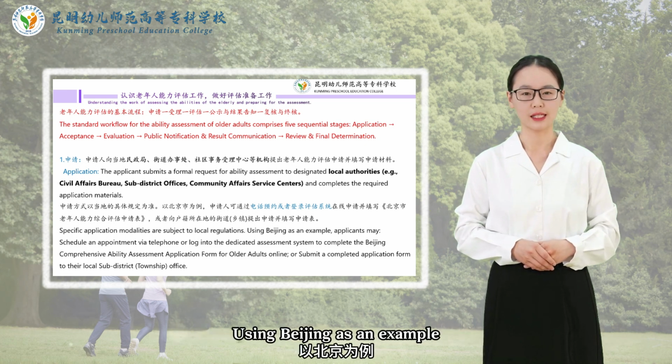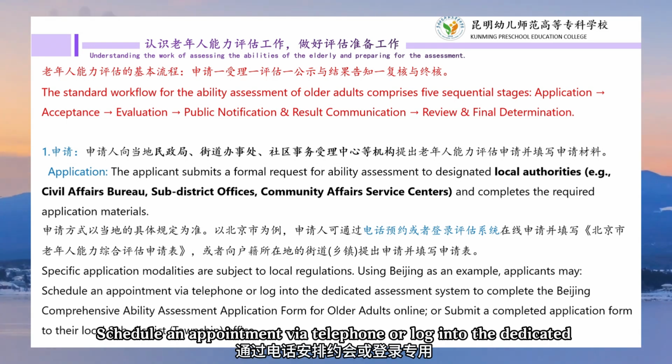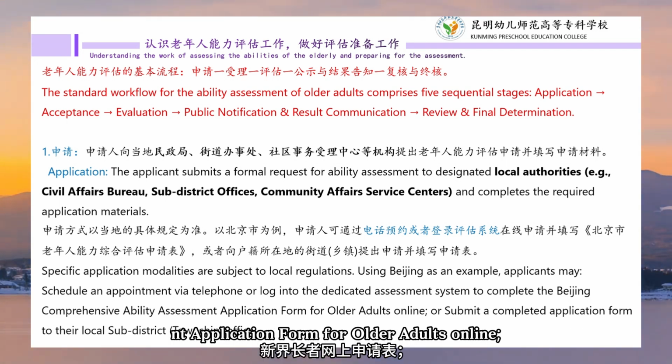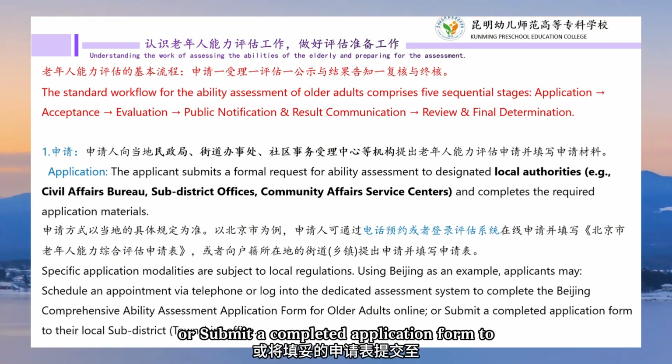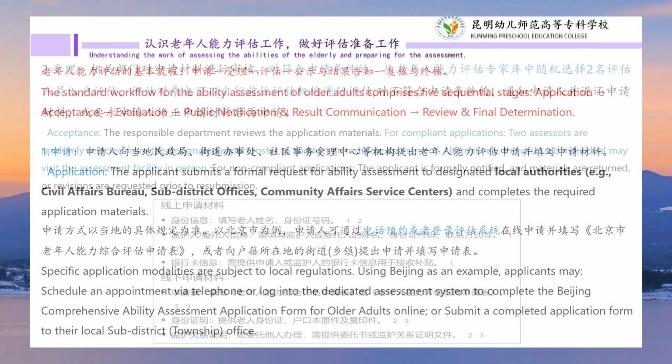Using Beijing as an example, applicants may schedule an appointment via telephone or log into the dedicated assessment system to complete the Beijing Comprehensive Ability Assessment application form for older adults online, or submit a completed application form to their local sub-district township office.